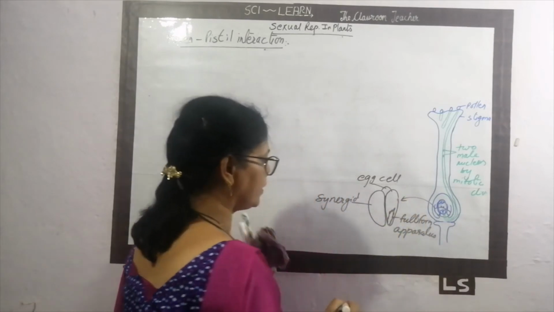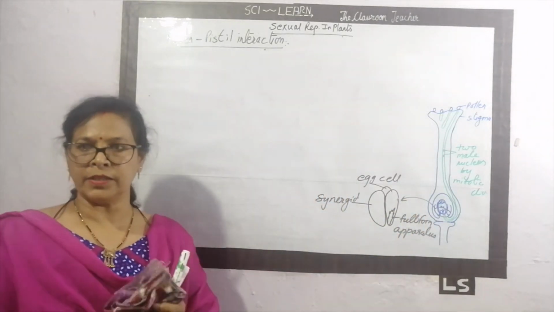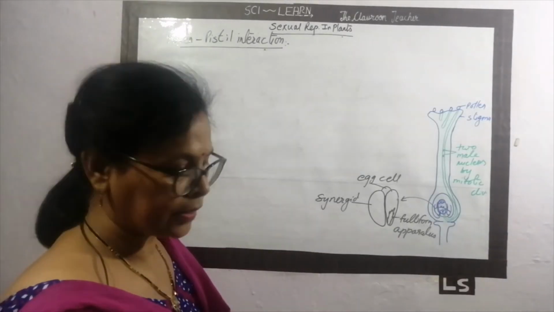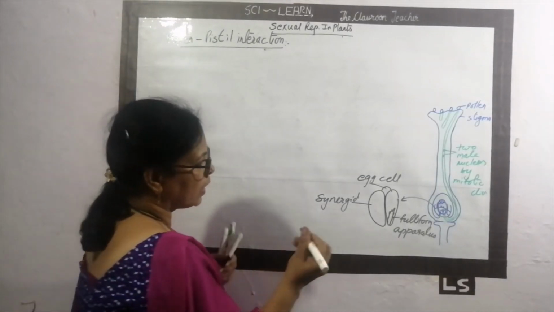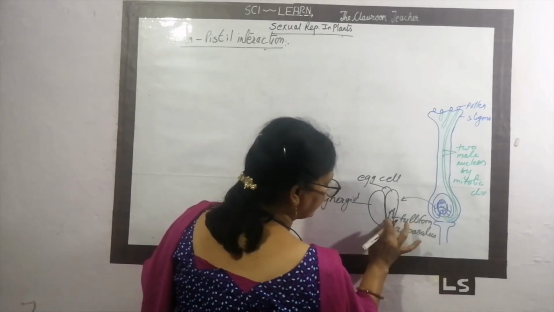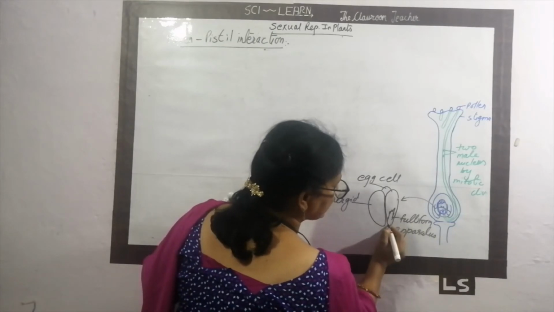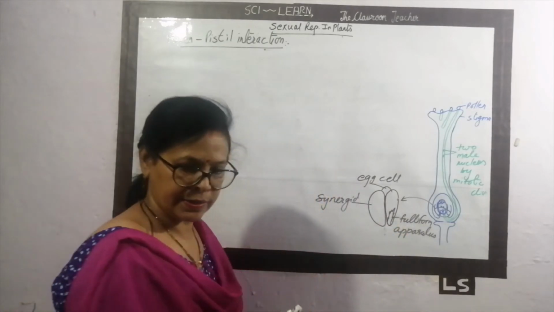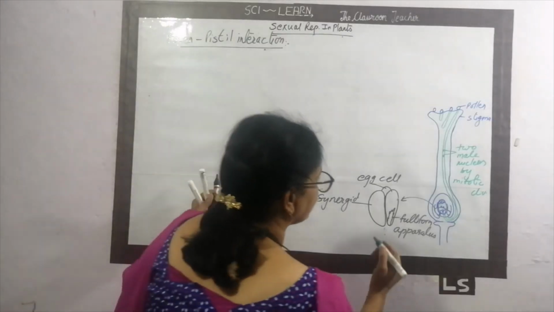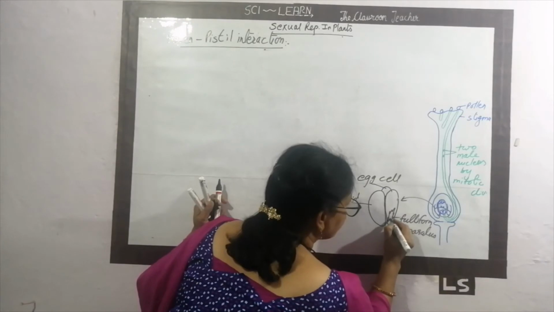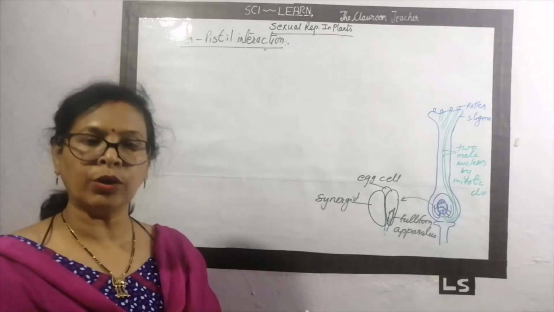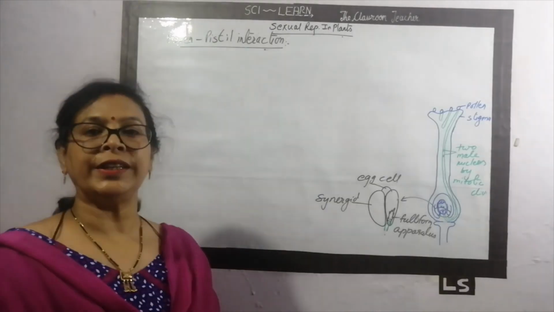This is the detailed structure of this part: synergid, egg cell, and the filiform apparatus. This filiform apparatus allows the pollen tube to insert inside the female part. This is the pollen tube inserting inside the female part. And what is going on here? That is called fertilization.